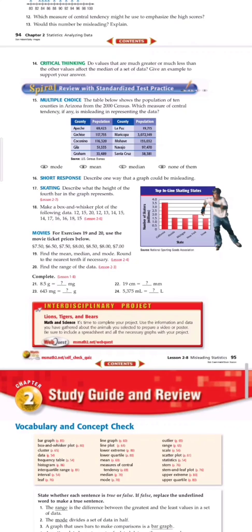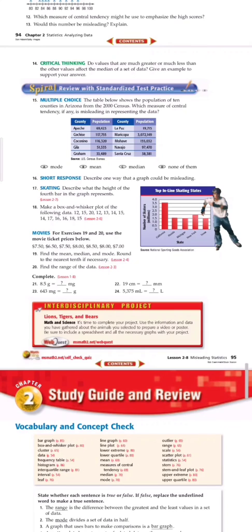Movies. For exercises 19 and 20, use the movie ticket prices below: $7.15, $6.15, $7.15, $18, $18.15, $7. 19.